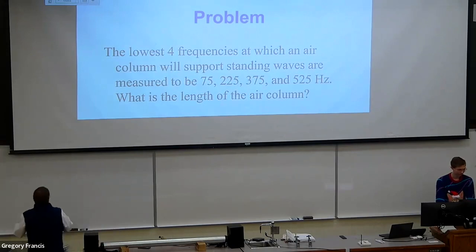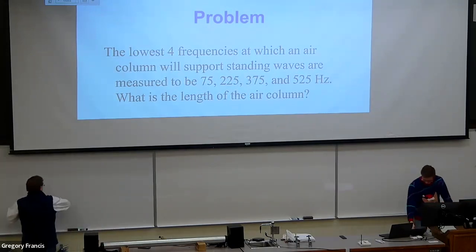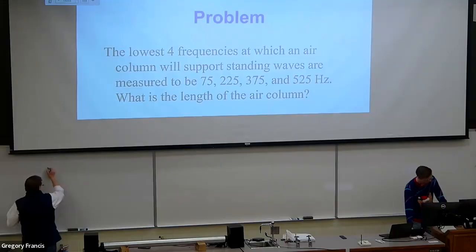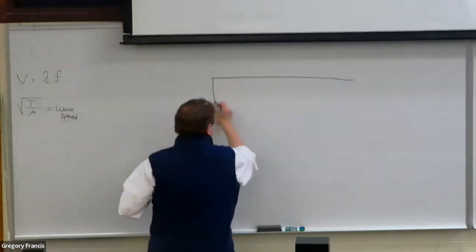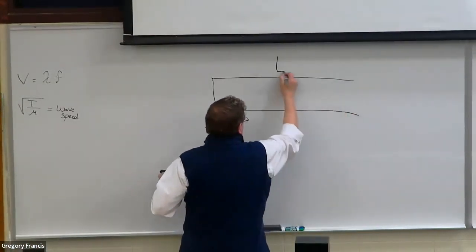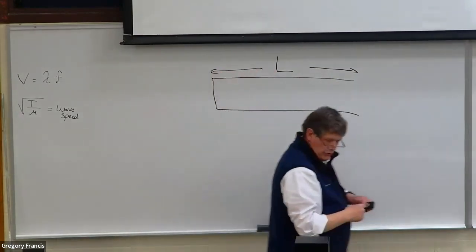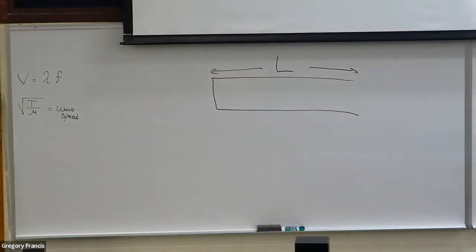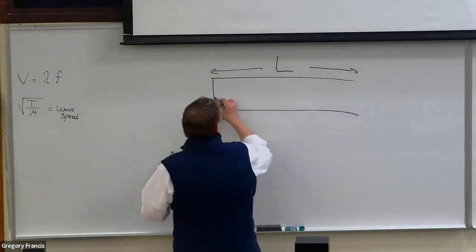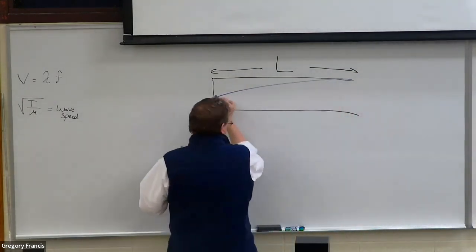And so that means I have a pipe that has some length L that I'm looking for. I also know that the fundamental frequency of 75 hertz is going to look like this with half a football.